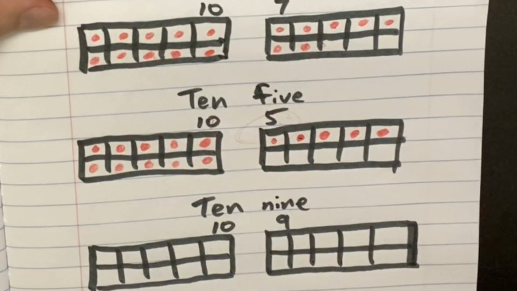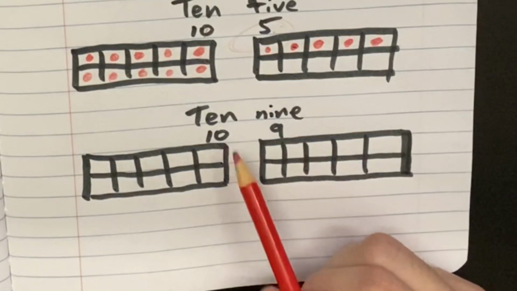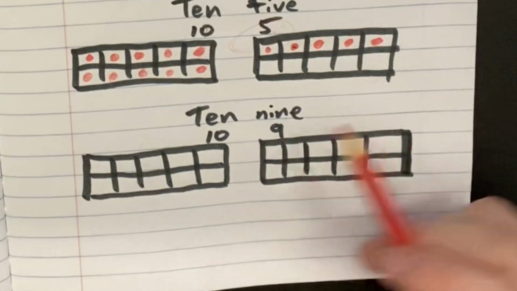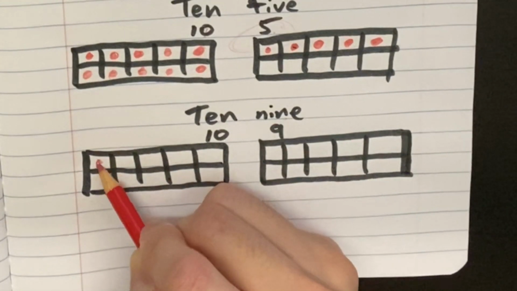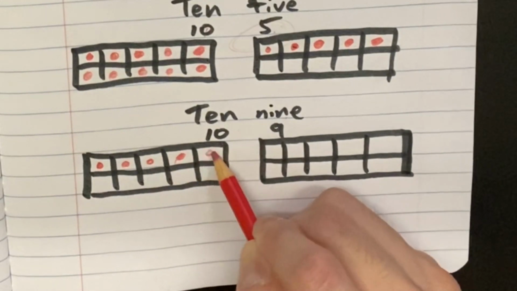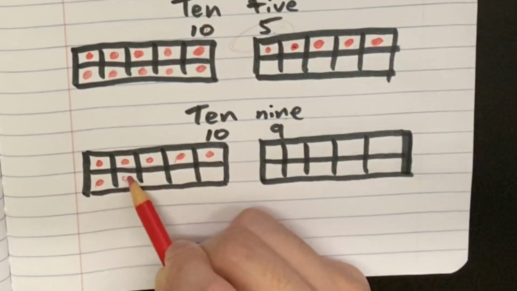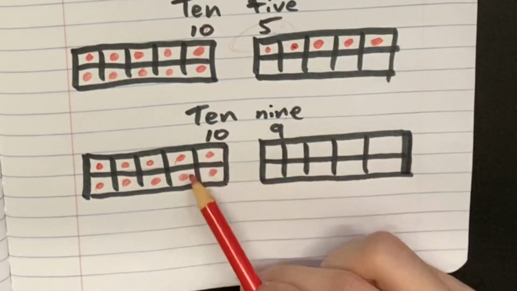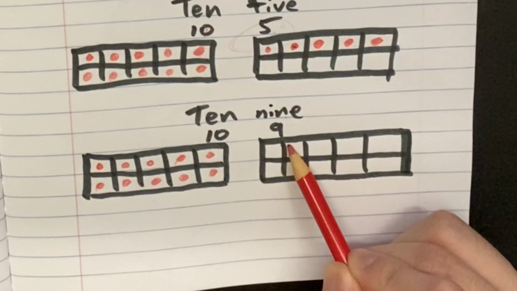Awesome. And the very last one, I got the number 10, 9. Remember, we're counting the say 10 way. So 10, 9. So fill this in. 10. 1, 2, 3, 4, 5, 6, 7, 8, 9, 10. And then this side's got 10. This side is how many? 9.